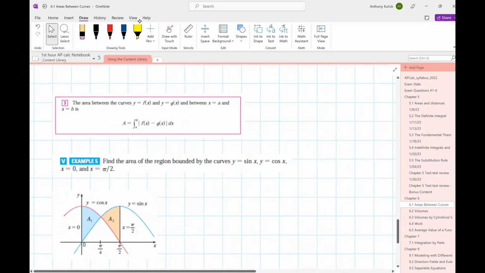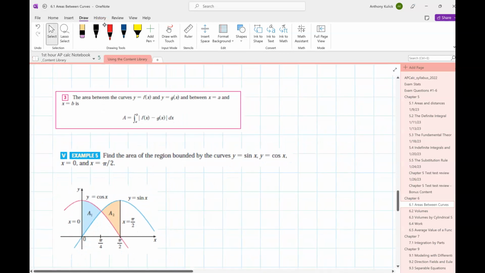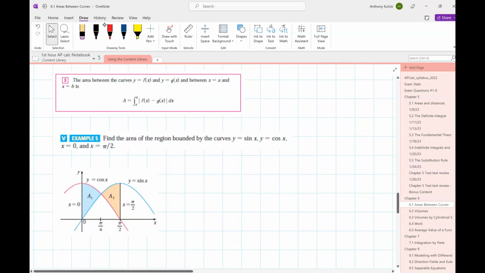All right. So let's go down and take a look at another example. Here we want to find the area of the region bounded by the curves y equals sine x and y equals cos x on the interval from 0 to pi over 2. So again, we gave you the picture here. Notice from 0 to pi over 4, cosine is on top.